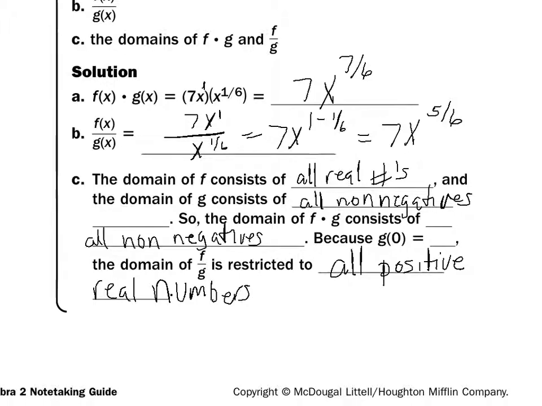Because we can't have a 0 in there, because if we put a 0 in right here, that would be dividing by a 0. So we can't say all non-negatives this time because that includes 0. We just need all positive numbers.